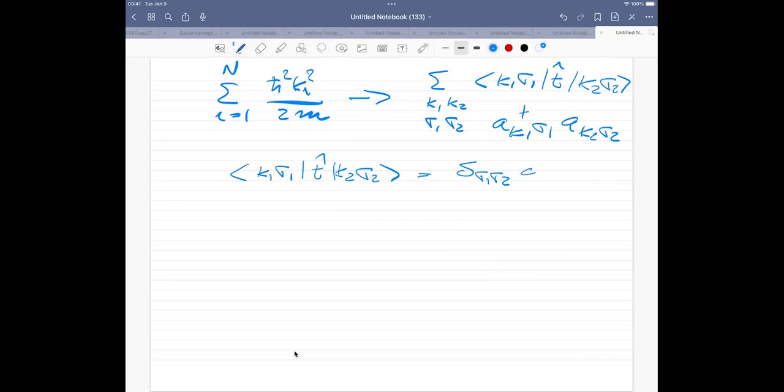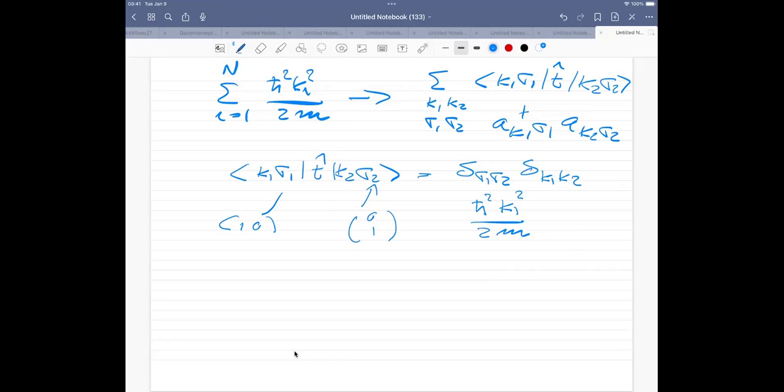And then I also have a delta k1, k2, and then simply h-bar squared k1 squared divided by 2m. The spin part is pretty obvious: if you have a spinor like this, given by 0, 1, then you see that this is automatically 0.